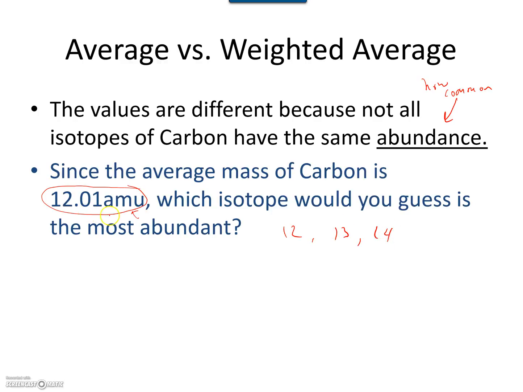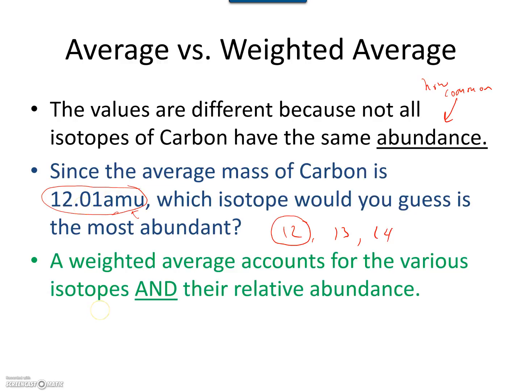My average is close to 12, so I would use my logic and guess that carbon 12 is the most common isotope. In fact, it looks like it's by far the most common isotope because the average is really close to 12. So what we need to consider is a weighted average. The weighted average accounts for the various isotopes and their relative abundance. It takes both of those things and factors them into that single average number.